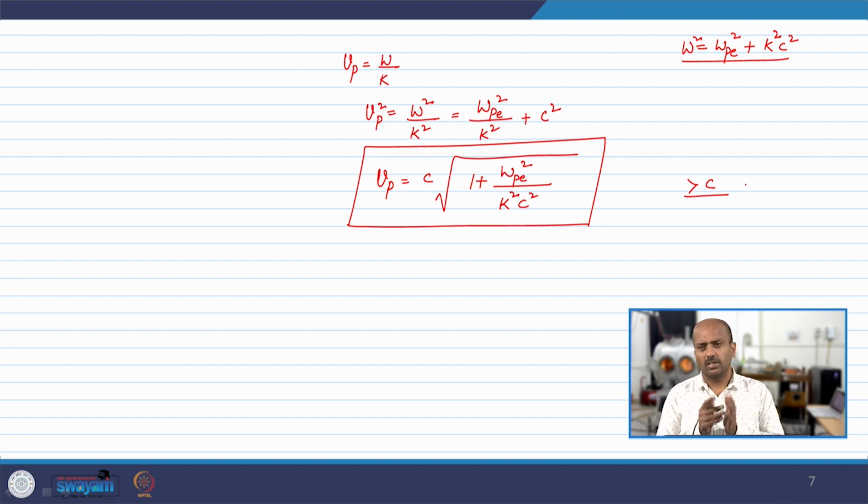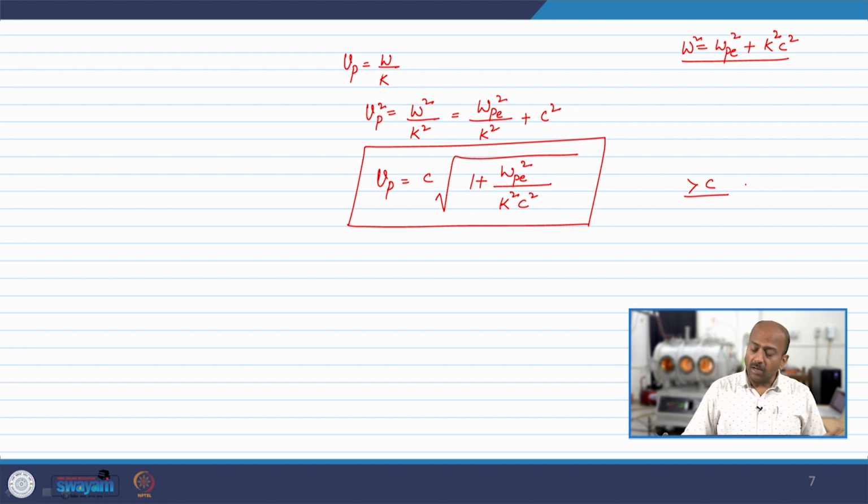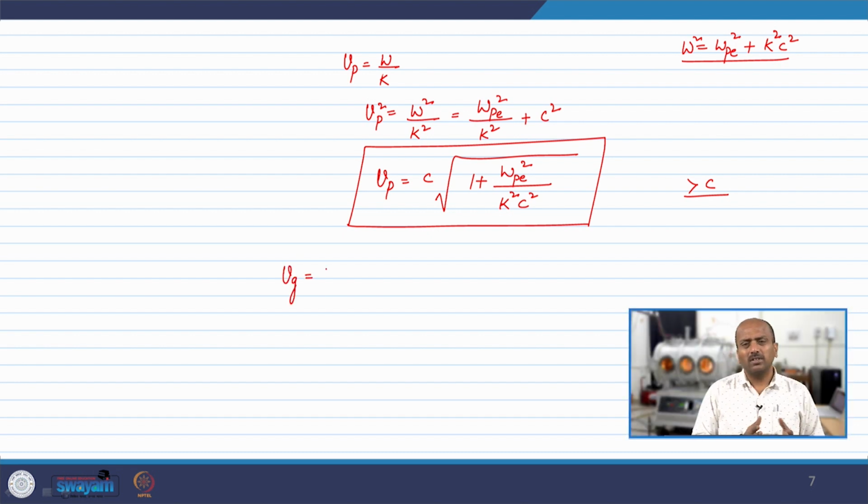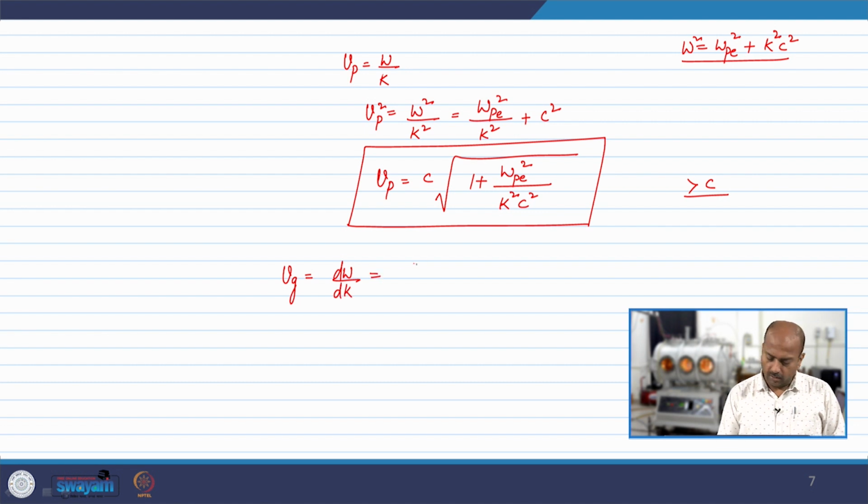The phase, which is just representing a part of the wave, can have any velocity, which can be greater than c. But the group velocity is a more relevant parameter, which expresses the speed at which the information is being transmitted. So, group velocity is d omega by dk, which is c by square root of 1 plus omega pe square by k square c square.